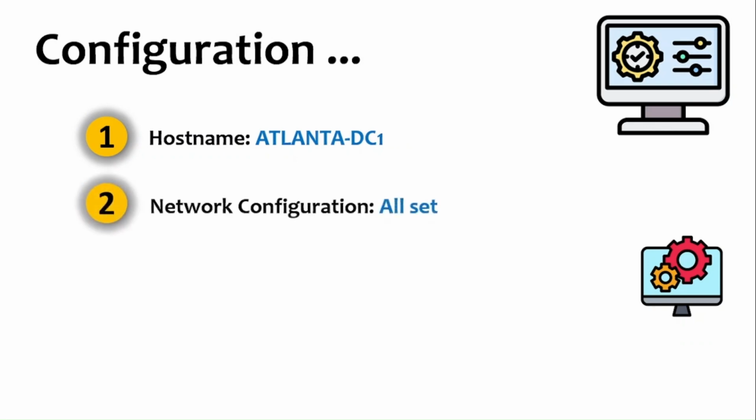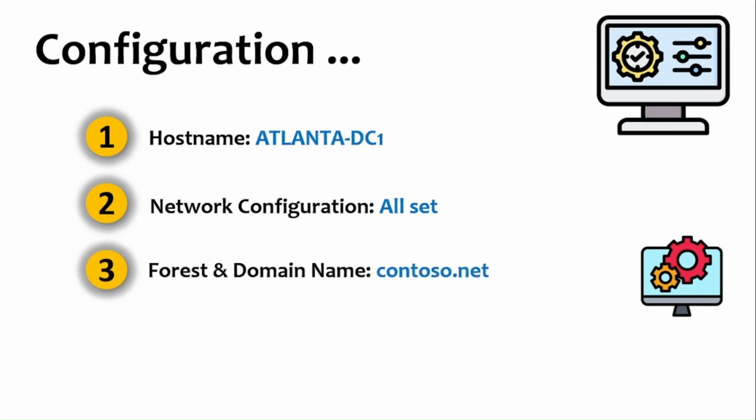So let's look at the configuration part now, what all the things we are going to see. So the host name on which we are going to configure is Atlanta DC1. The network configuration is all set, means we have assigned a static IP address and the networking part is done.